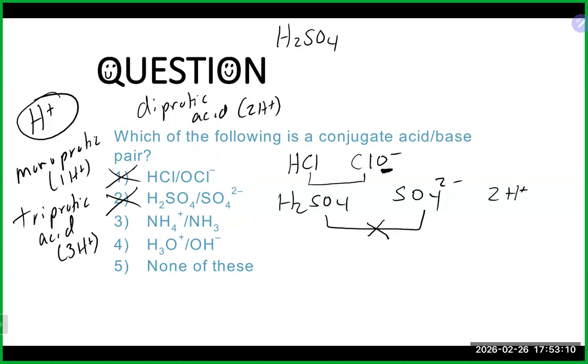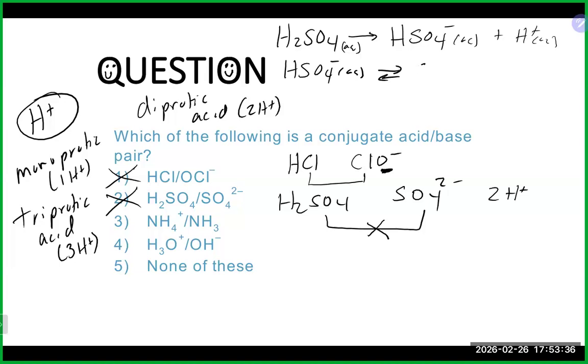It's actually a stepwise formation as to which they will give away their hydrogens. So really the first thing that happens in this situation is the sulfuric acid will give away one hydrogen. And then this guy here, the bisulfate, will give away another hydrogen and become sulfate there.